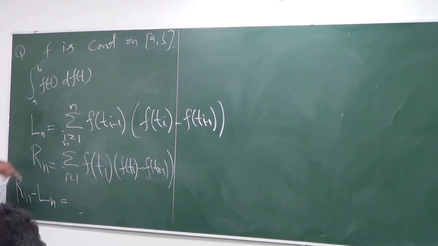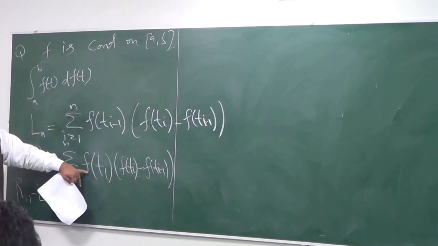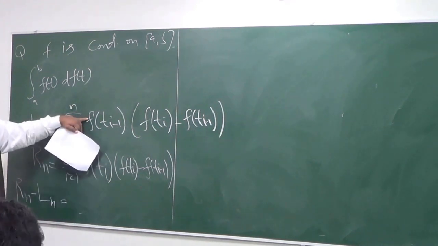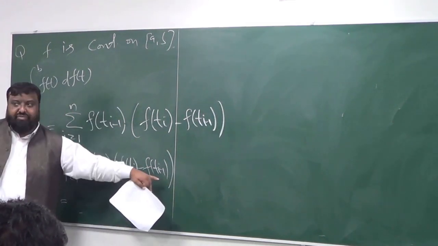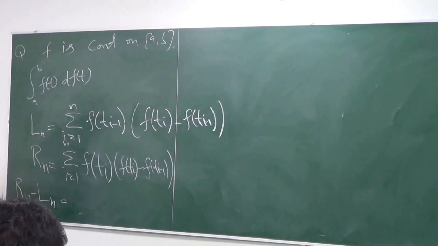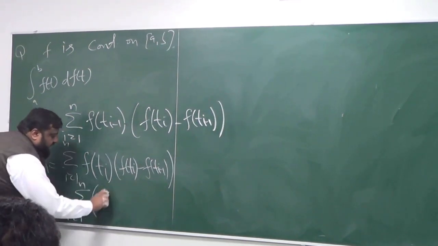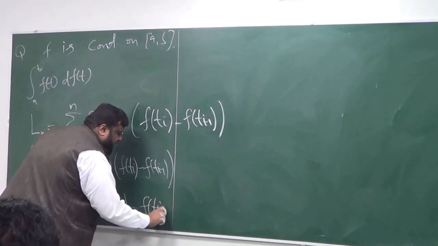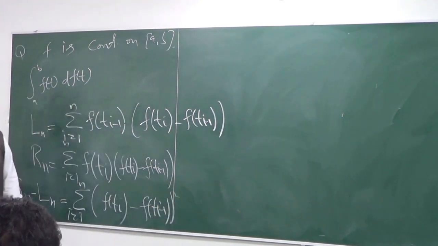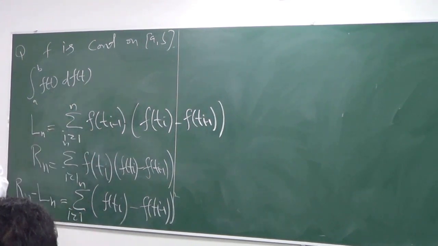This is going to be this sum minus this sum. You can take this away by the distributive law, so you're going to get a square of this. You're going to have the sum i equal to 1 to n of f(ti) minus f(ti minus 1), squared. Subtract and distributive property, that is.